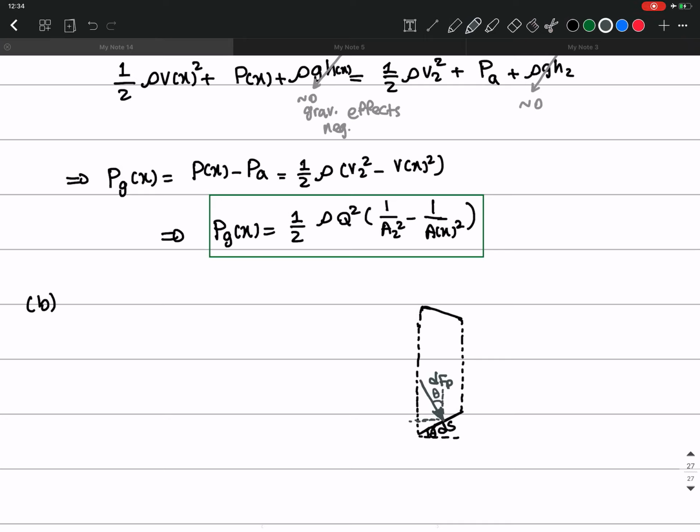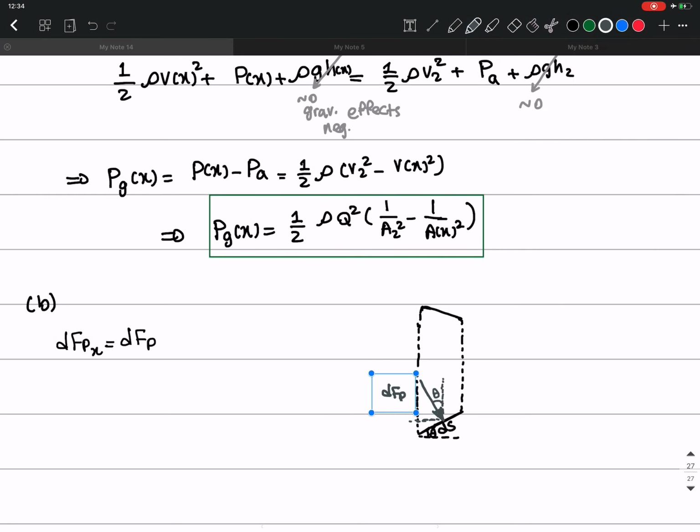So I want to see what is the FP in the x direction, the force of the pressure in the x direction. So it's going to be dFp, the total force, times sine of theta. So let me show here why it's sine of theta.